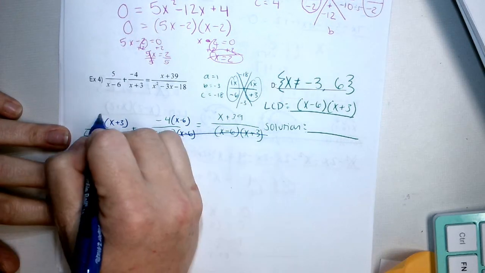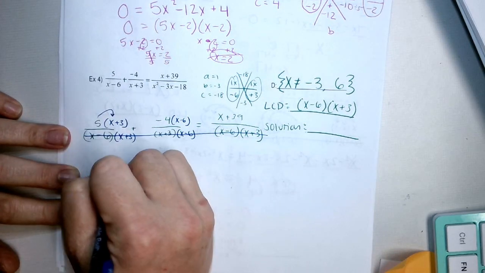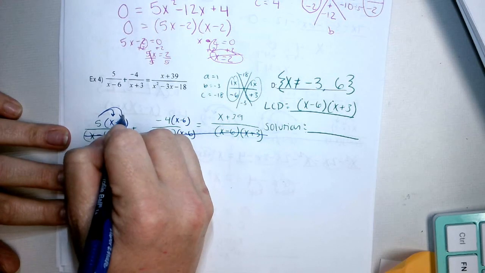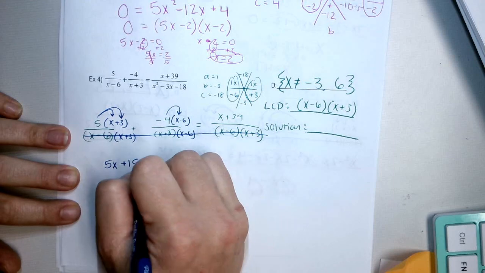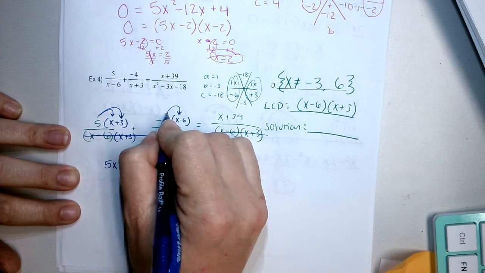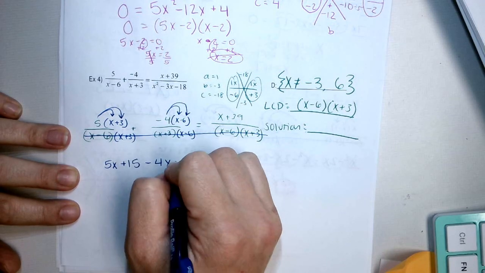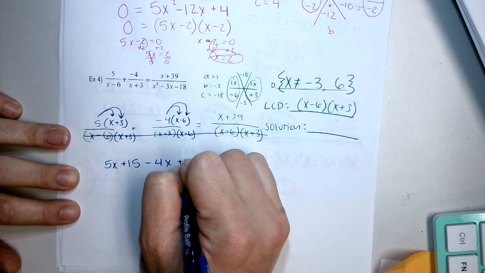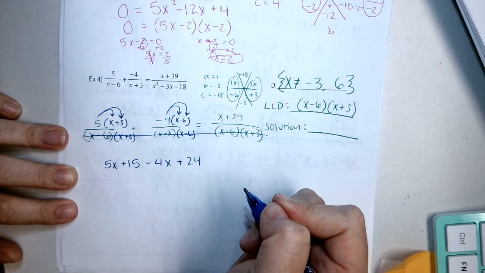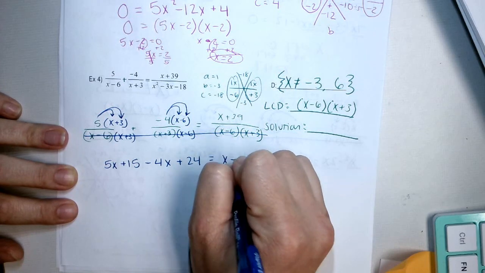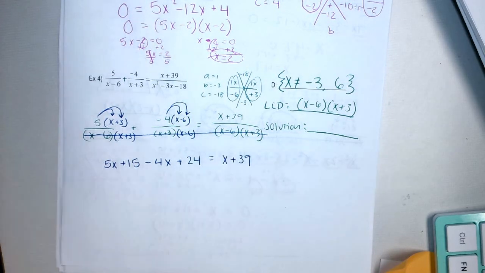So 5 times x is 5x. 5 times 3 is 15. Negative 4 times x is negative 4x. Negative 4 times negative 6 is positive 24. Equals x plus 39. Nothing had to change after the equal sign, so it's still what it was originally.